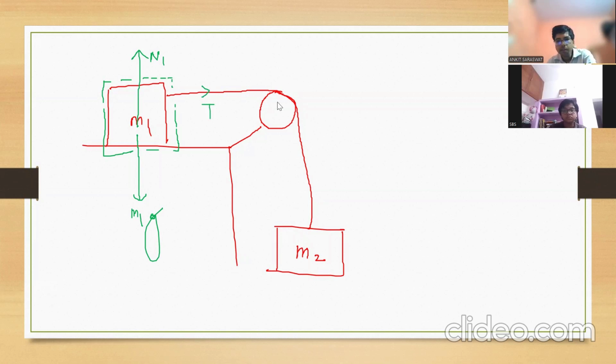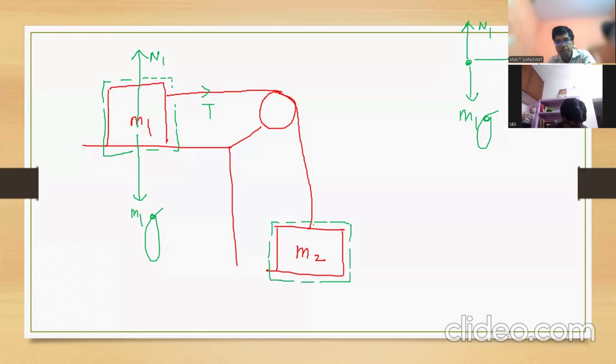So on M1, if I draw correctly, this is my M1. One force is gravity, one is tension, one is normal. Similarly for M2, in which direction will tension be on M2?